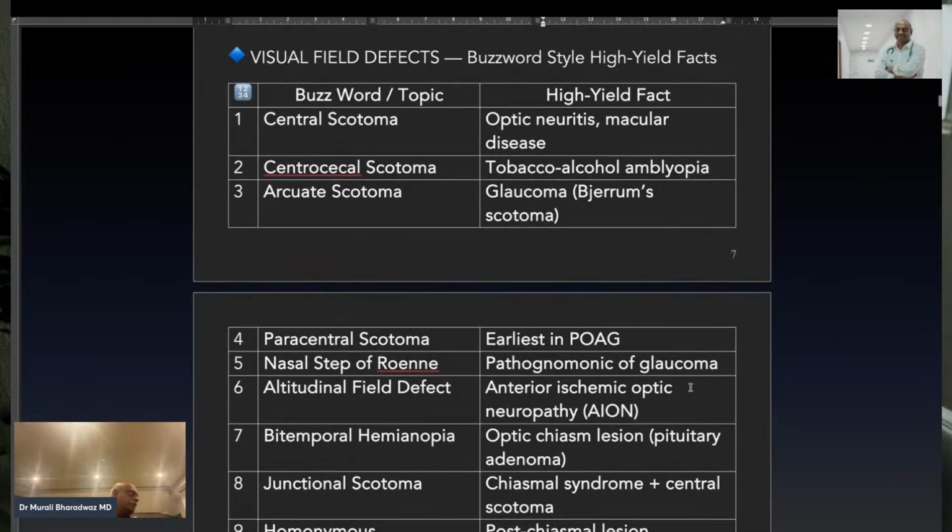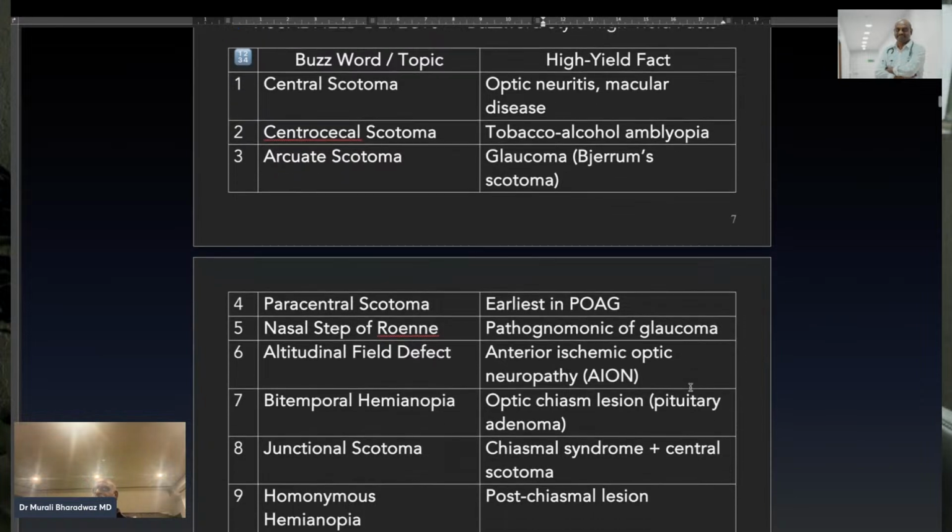One question: in visual field defects, conditions like optic neuritis and macular disease all give central scotoma, right? And centrocecal scotoma is seen in tobacco-alcohol associated amblyopia.